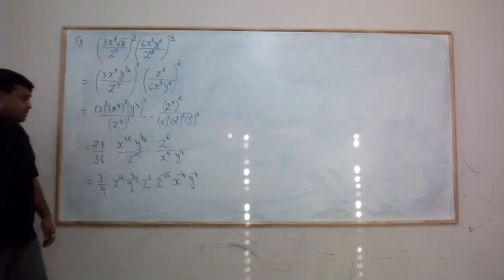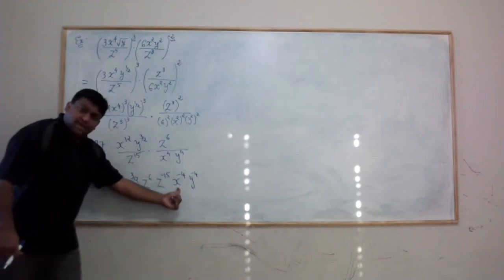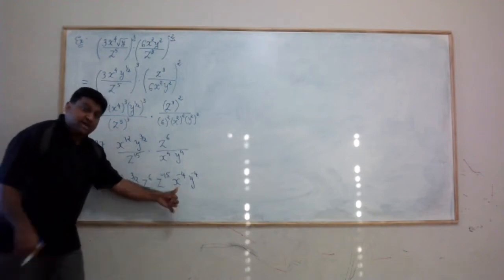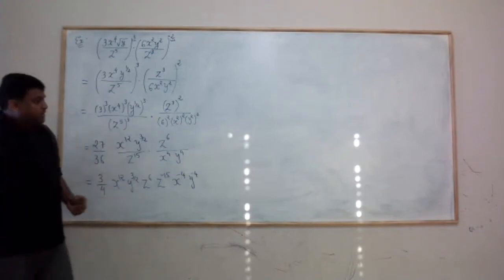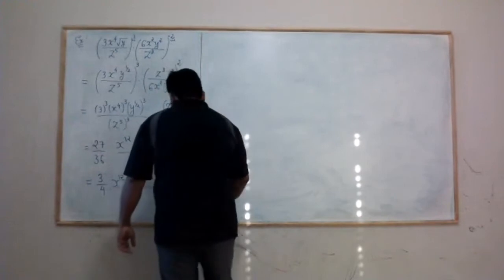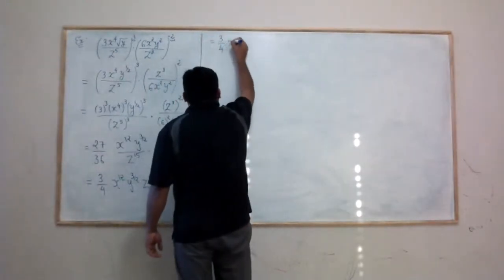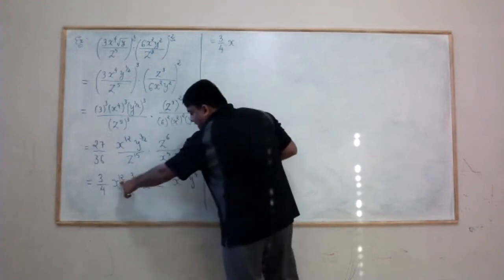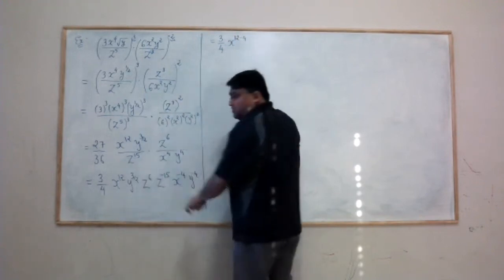Now, if you have two exponents sharing the same base and they are related with a multiplication sign, you need to add the powers. This is the rule we are going to use. Let's use it and simplify those powers. I get 3/4 x to the power 12 plus negative 4. This is literally 12 minus 4.